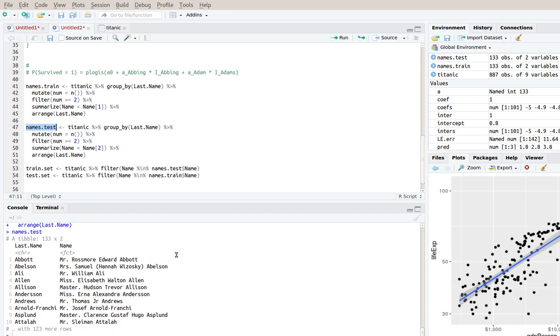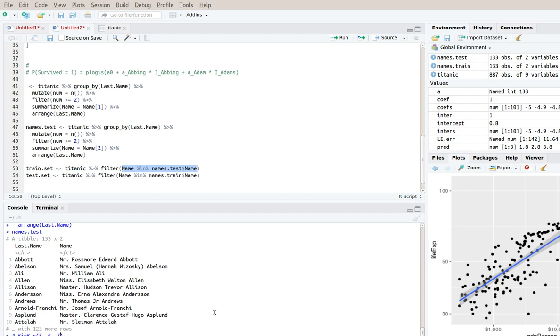Now I'll get the subset of the Titanic data frame which corresponds to people with those names. Here I need to use something that we haven't actually seen, and that's the in operator. The way it works is like this.